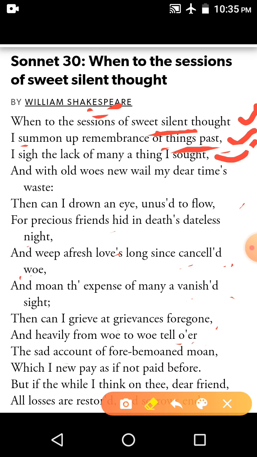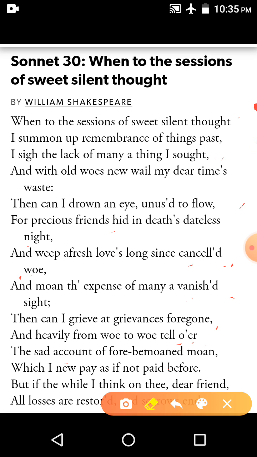On the one hand, he says that I have suffered a lot, I have received a lot of pain, I have lost so many friends, so many losses in my life, I lost a lot of things.